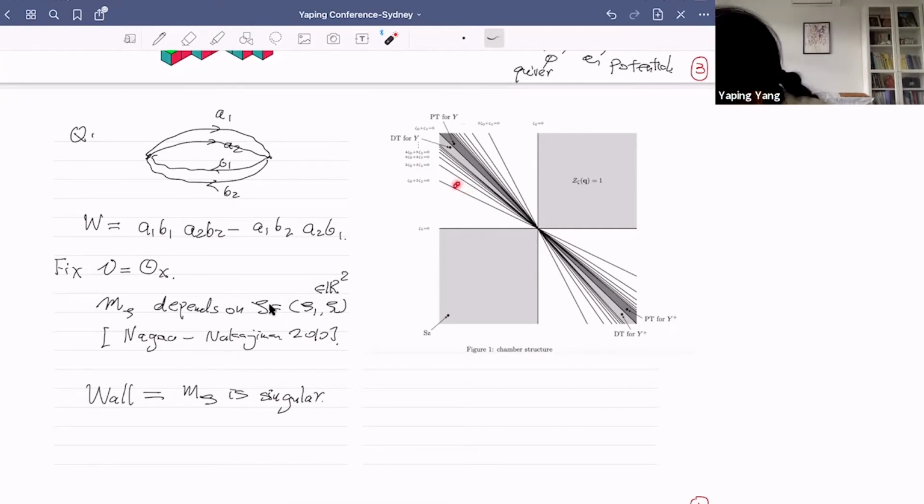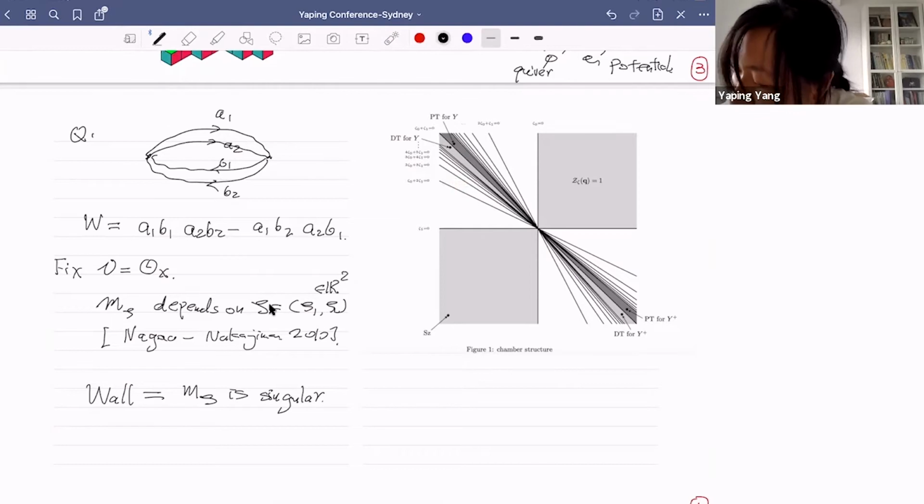And also the moduli space inside the chamber is only dependent on the chamber. Okay. And so these walls coincide with the root hyperplanes of affine sl2 hat.